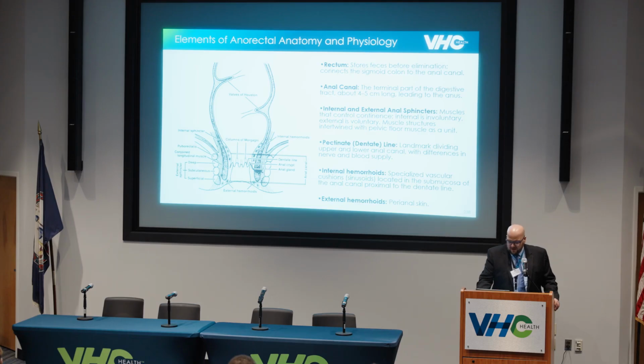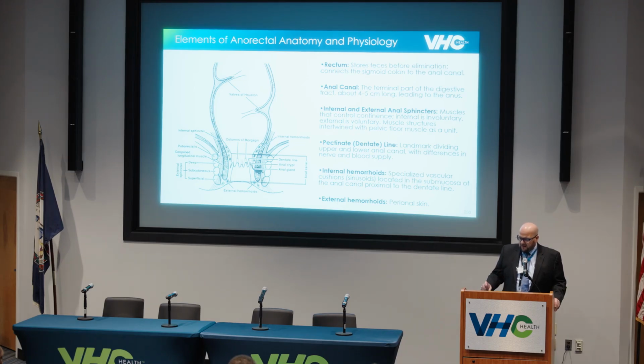Starting off with a few elements of anorectal anatomy and physiology. Generally speaking, the rectum is where the feces are stored and helps us with continence and deciding when to go to the bathroom. The anal canal is the last part of the digestive tract, leading to the anus.